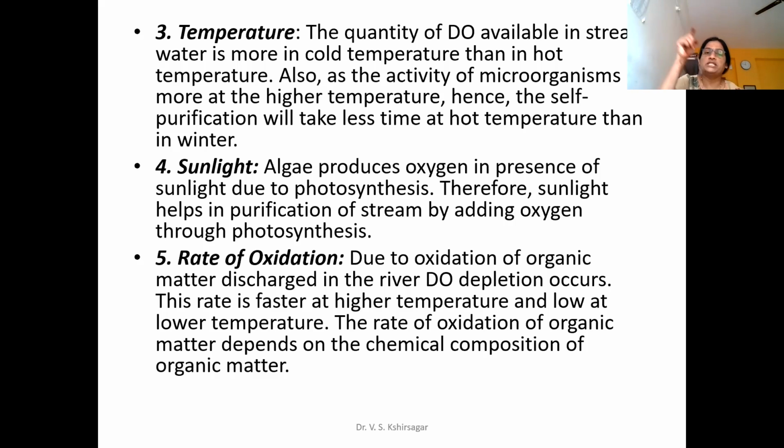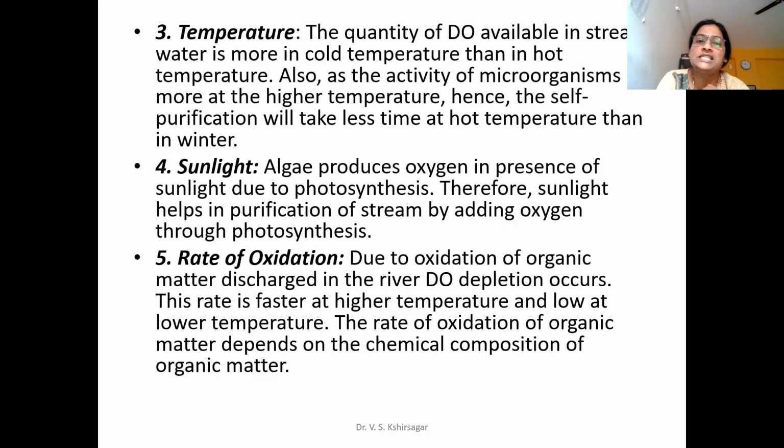Means if the temperature during summer season is increasing and DO level decreasing, but the microorganisms are functioning effectively for the degradation process and will help to perform the self purification process. Okay, so in that way, two-way action. And during winter season, because of low temperature, less activity of microorganisms is observed, but sufficient oxygen is provided, and hence the decomposition is performed.